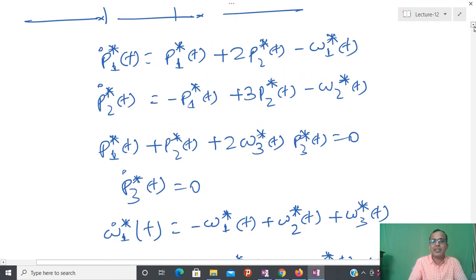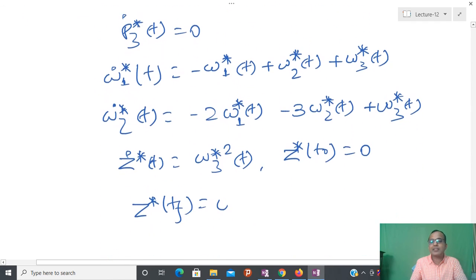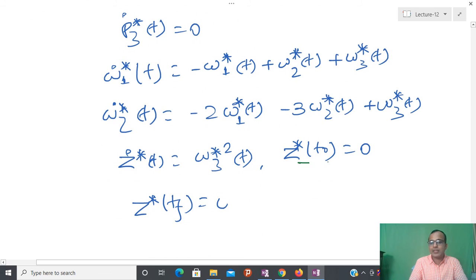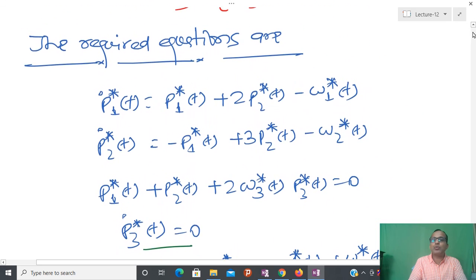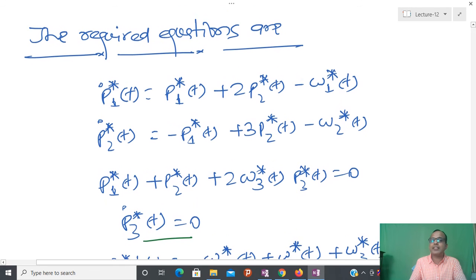Some equations are differential equations, some equations will give us boundary conditions, and p3 dot equal to 0 will also give us a boundary condition, and all the rest are differential equations. So in this way we are able to generate the necessary conditions.